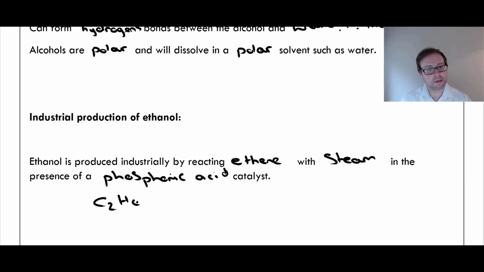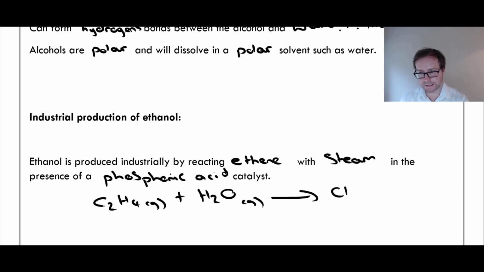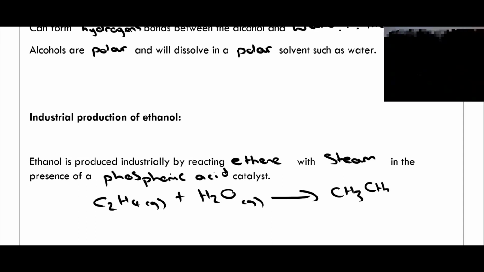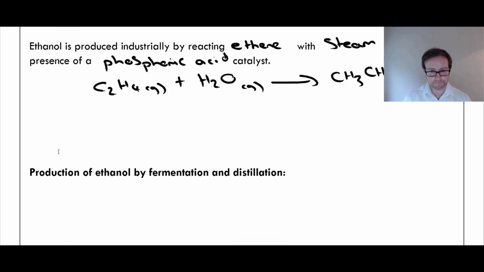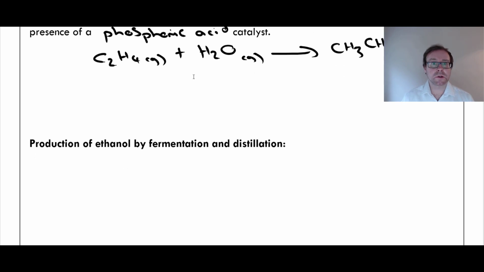So I have ethene as a gas, I have steam, so it's a gas, I add a phosphoric acid catalyst, and I produce ethanol. Okay, if it's steam, that means it's over 100 degrees, so ethanol must be a gas as well. So it's something you just got to remember. This is also called hydration, and you've probably seen this if you've just watched the alkenes video.